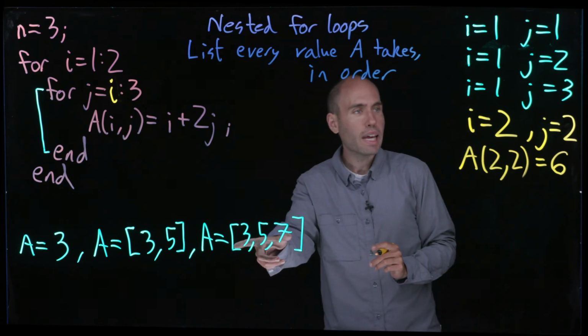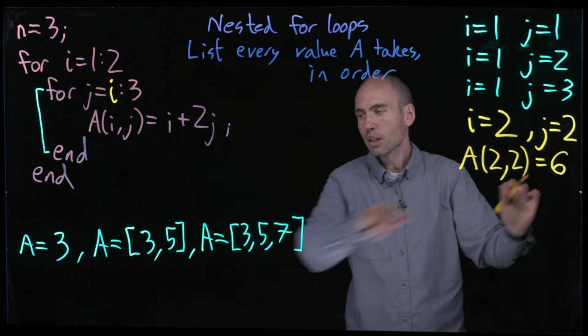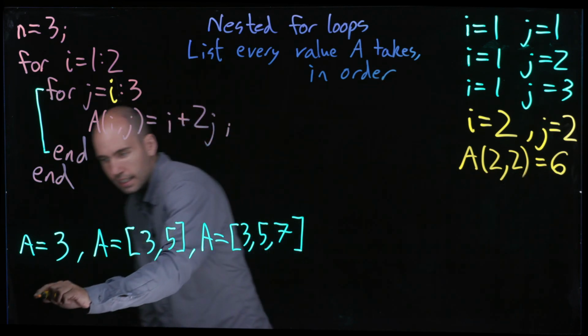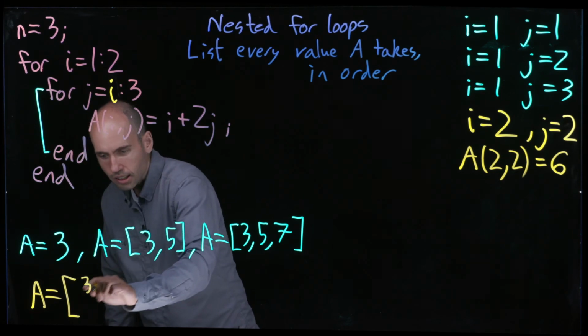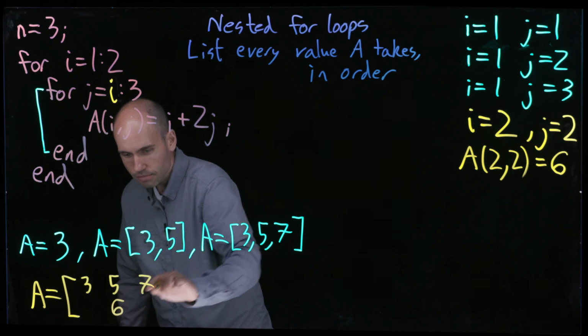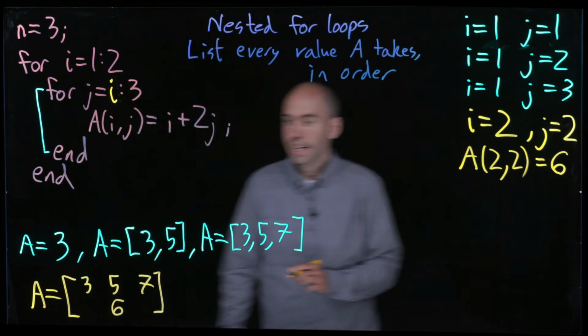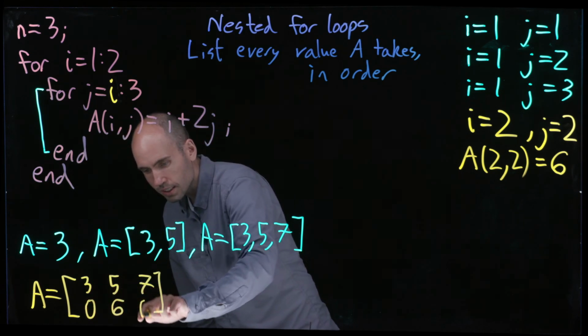And this is what a was before I executed this command in MATLAB. So what's a going to be next? a is going to be 3, 5, 7, and then 6, and then fill in with these default values of 0.